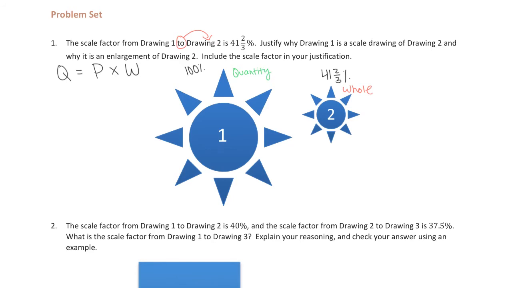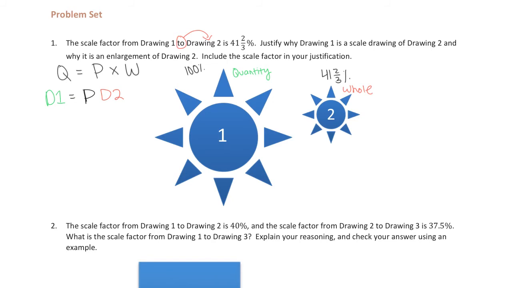Great. So here we know that drawing 1, we can write D1 equals percent times our whole, which is drawing 2. Okay, now remember that we're just using D1 and D2 to represent what we're going to be substituting in.